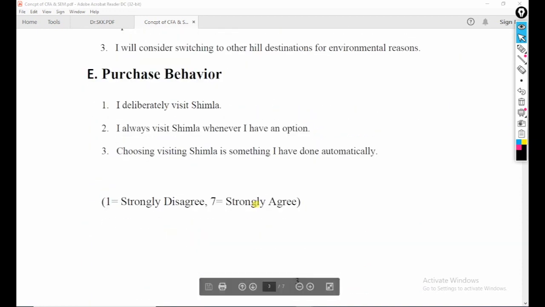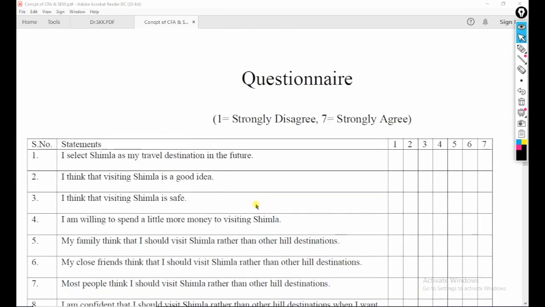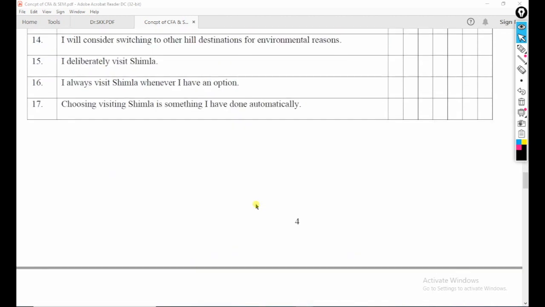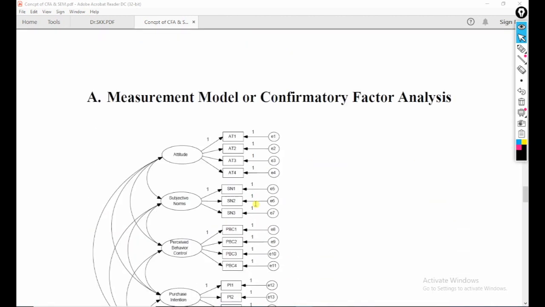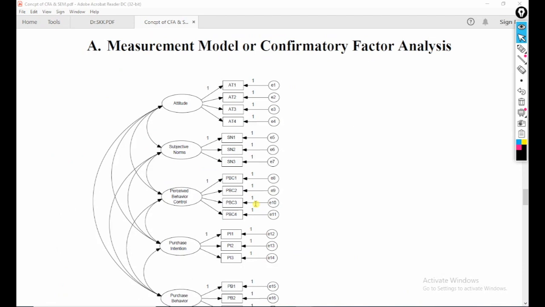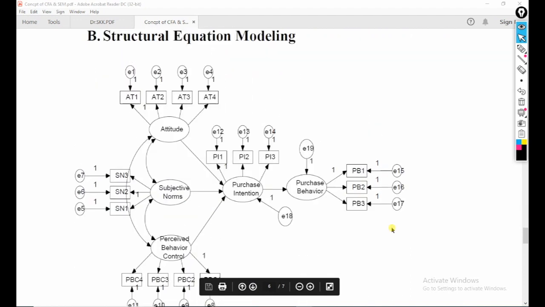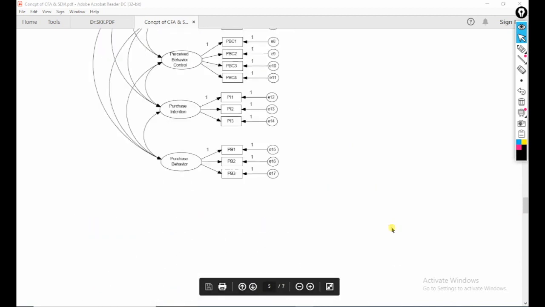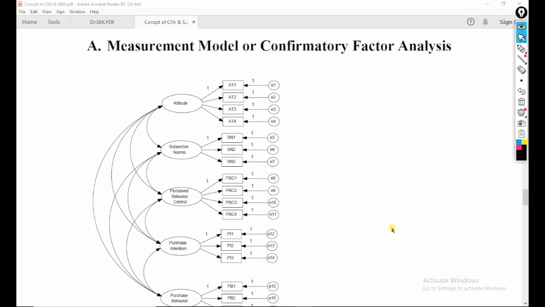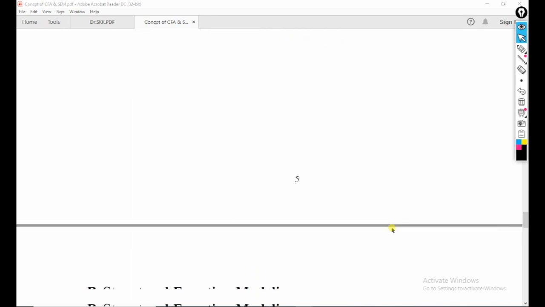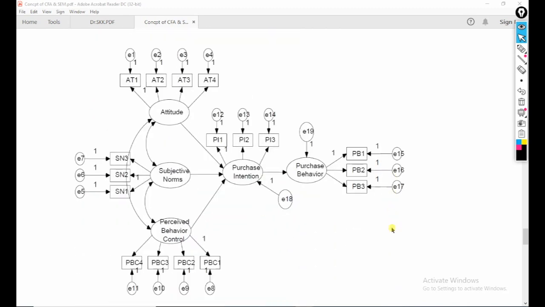So we will perform CFA. This is my questionnaire. We perform structural equation modeling in two steps: one is to find the validity of the measurement model, and second is the structural model. Once my confirmatory model is valid, then we specify the structural model.